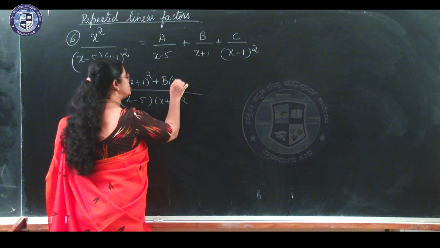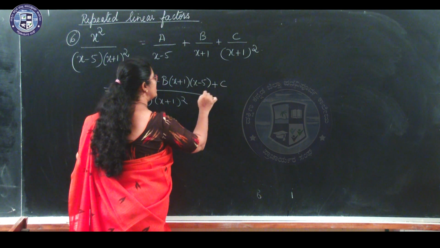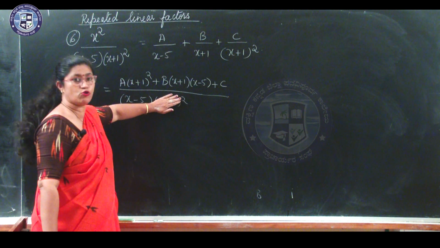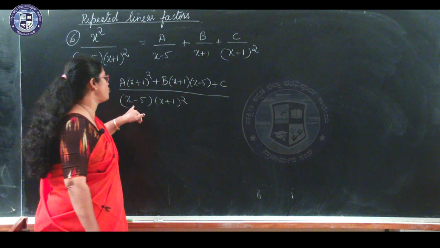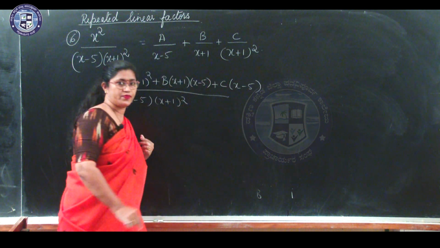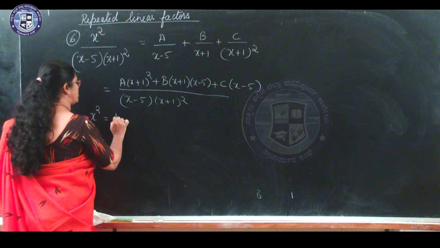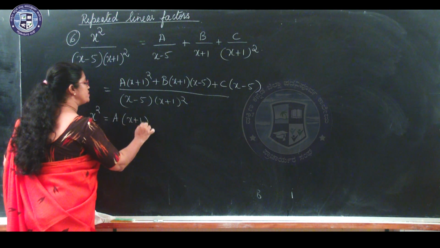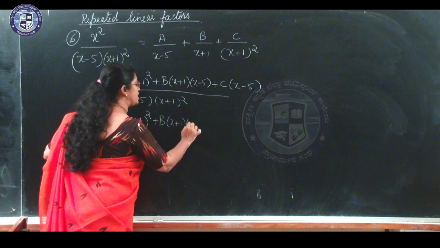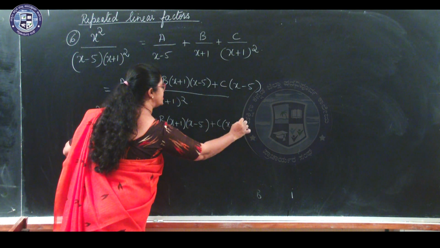So, it is b into (x plus 1)(x minus 5) plus c into denominator for c is (x plus 1) the whole square. If you close it, what you have is x minus 5. Equating the numerators, x square is equal to a into (x plus 1) the whole square plus b into (x plus 1)(x minus 5) plus c into (x minus 5).